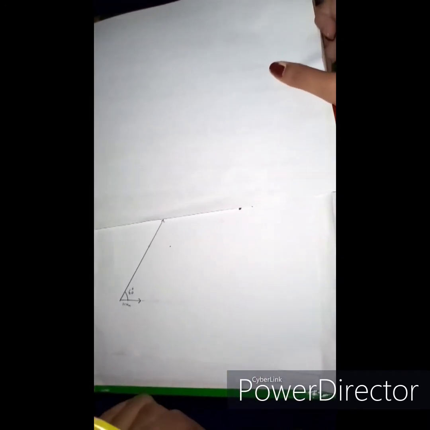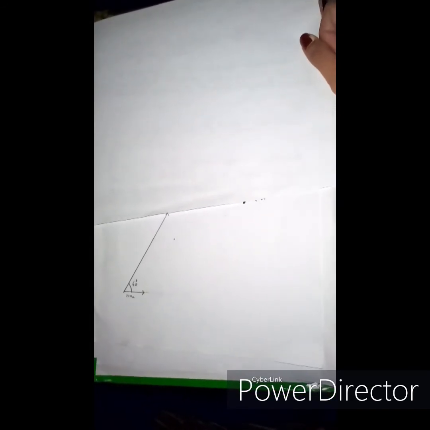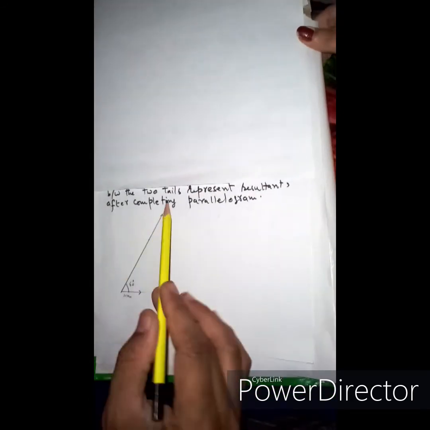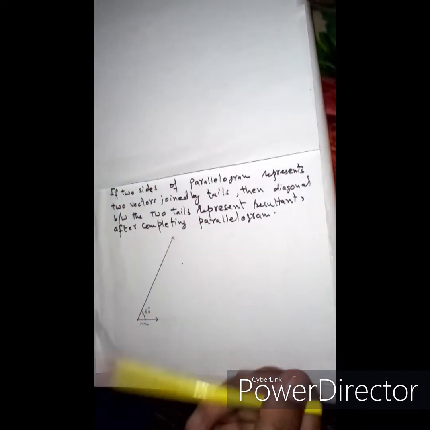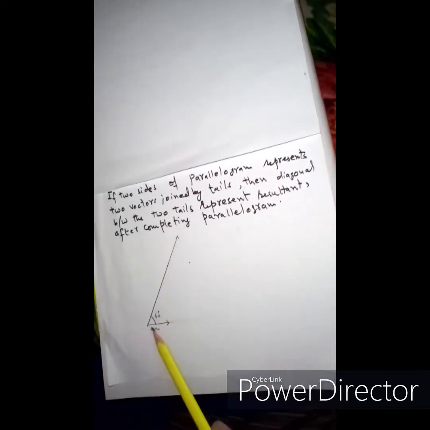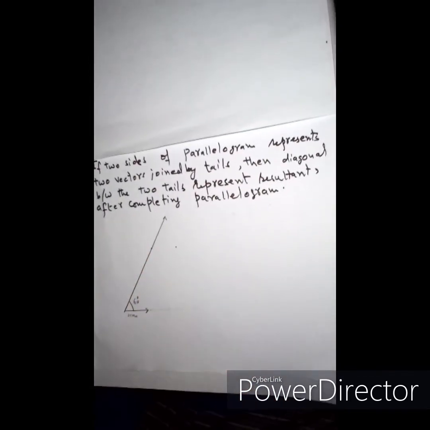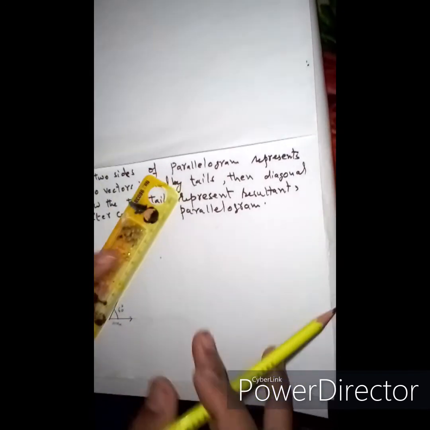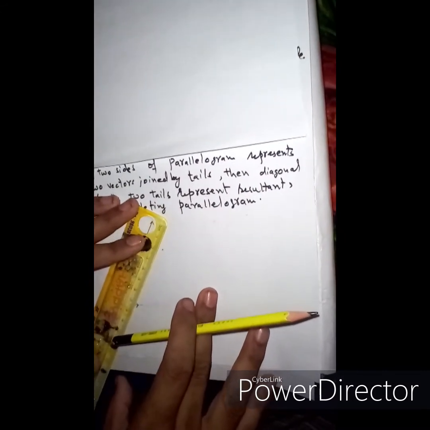First we must represent the parallelogram, and we all know that a parallelogram has four sides. How do we complete the parallelogram? Because of the restriction for applying the parallelogram law, we must construct the parallelogram. First we join their tails with the angle between them. Now we have to complete the parallelogram having four sides, with opposite sides parallel to each other.